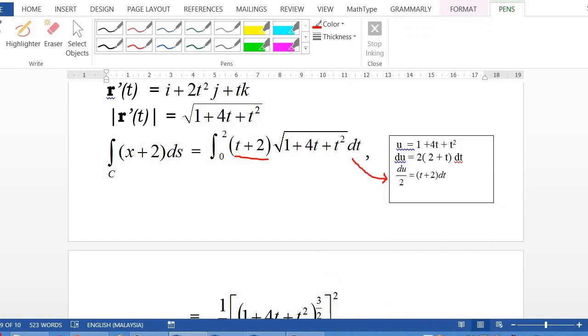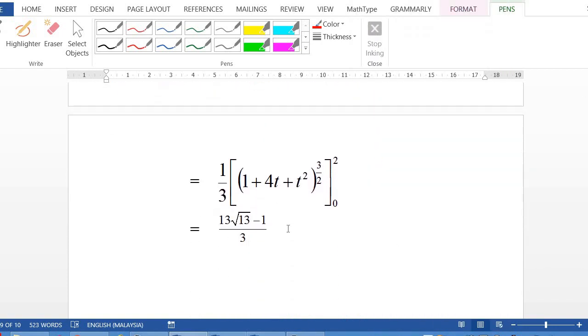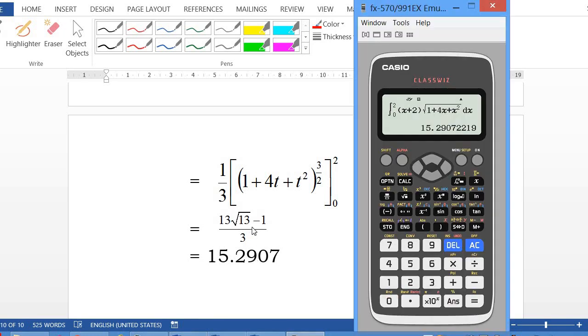Okay, 15.2907. Using the calculator, you have to check whether this value, 15.2907, equals what we obtained manually: 13 square root of 13 minus 1, divided by 3.